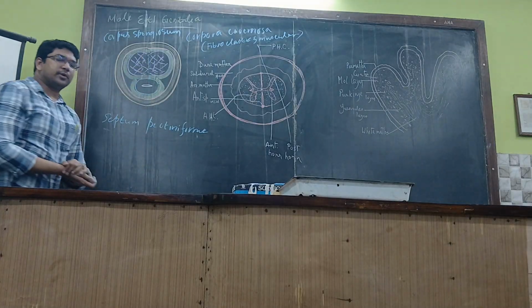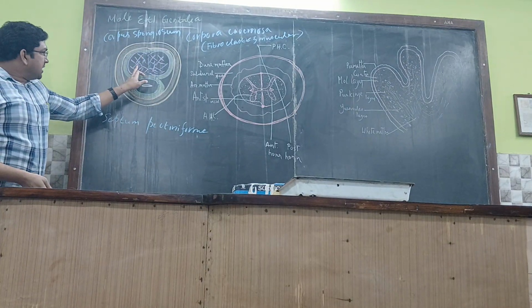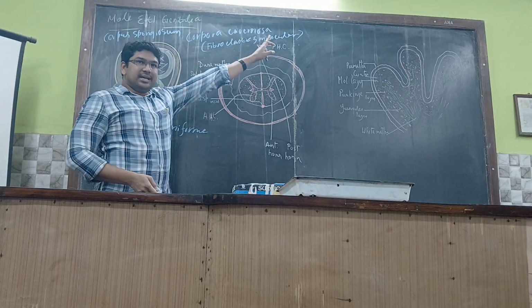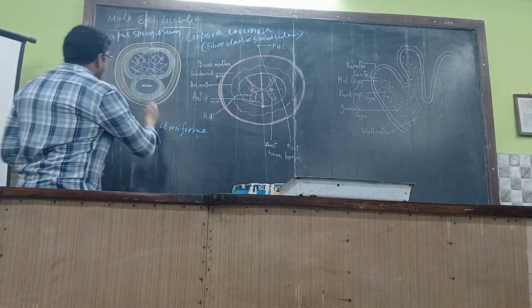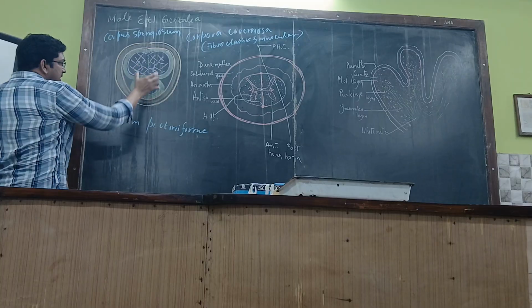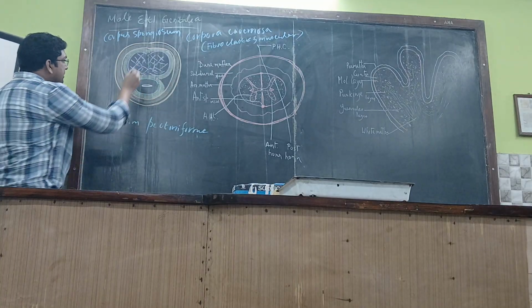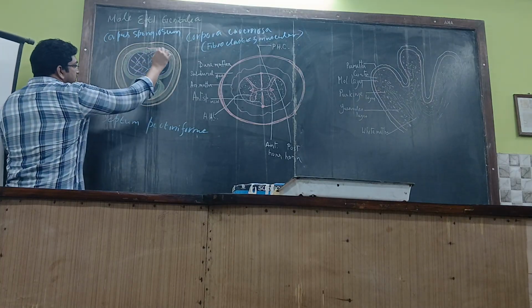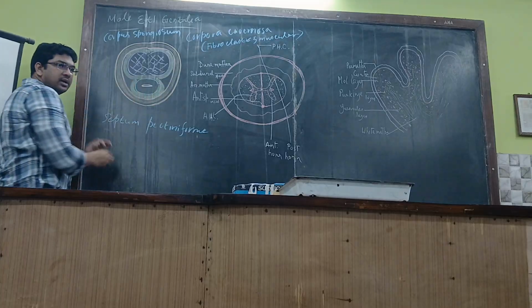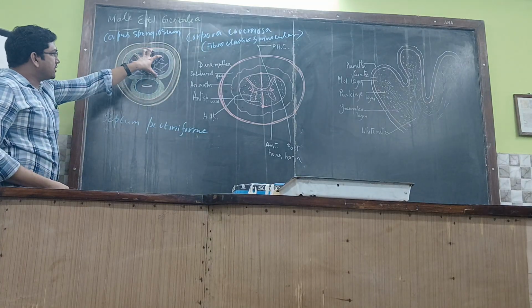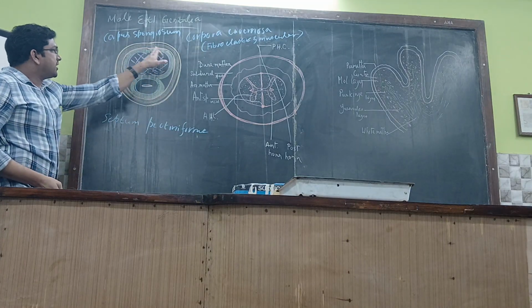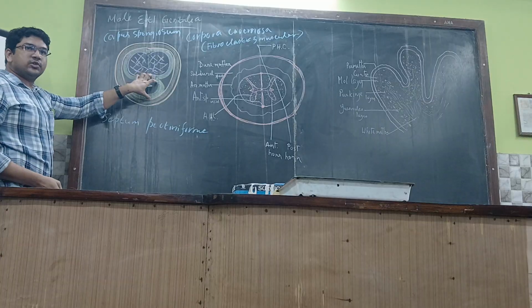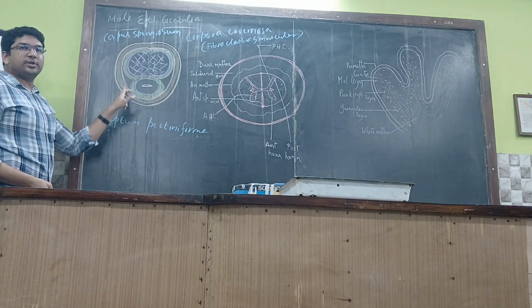So these two corpora cavernosa are made up of fibroelastic and muscular structure. Actually, these two corpora cavernosa and the corpus spongiosum are surrounded by fibrous tissue. The two corpora cavernosa are surrounded by a separate fibrous structure, and the spongiosum is surrounded by a separate fibrous structure.